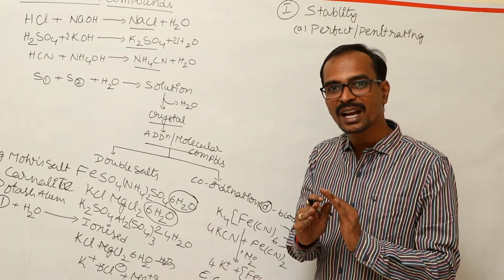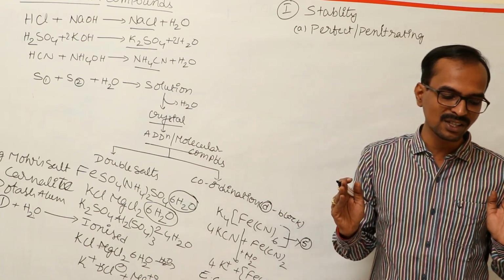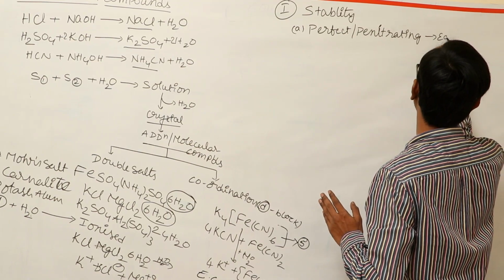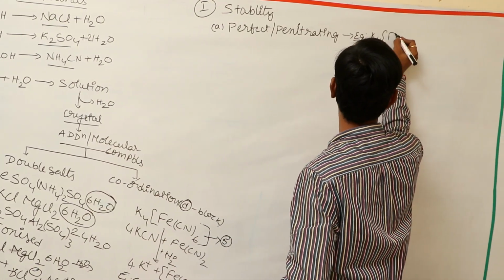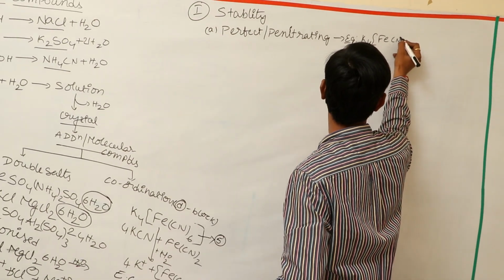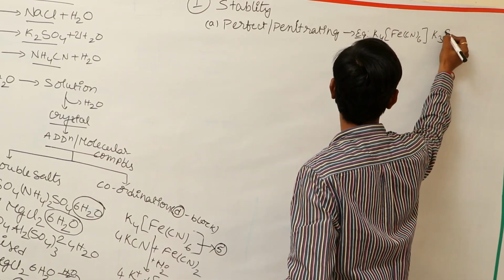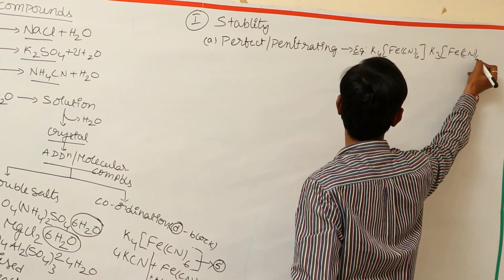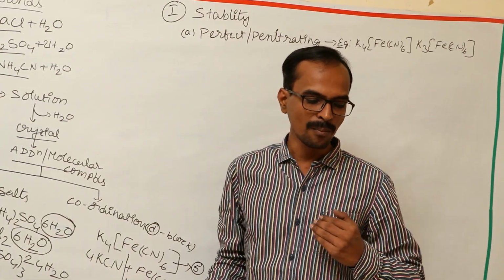They do not get dissociated into the ions completely. Here we can put 2 examples we discussed already: potassium ferrocyanide K4Fe(CN)6, and K3Fe(CN)6. These 2 complexes you can take for the perfect or penetrating complexes.